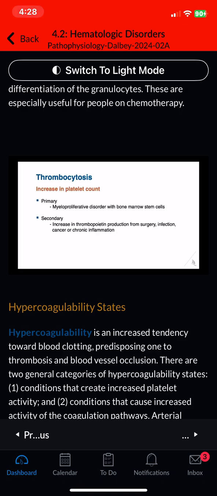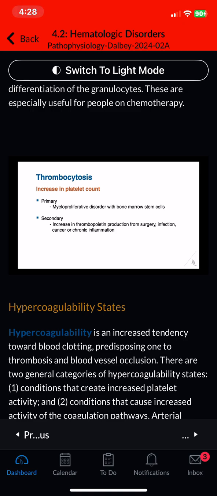Thrombocytosis is an example of a hypercoagulability associated with an increase in platelet function. In thrombocytosis, there's an increase in the actual platelet count, and it can be a primary disorder, meaning that there is an increase in signaling to the bone marrow stem cells that give rise to the megakaryocytes, which cause them to proliferate.